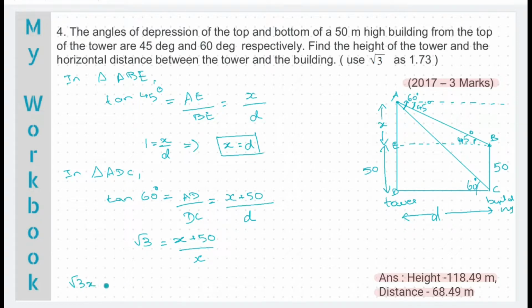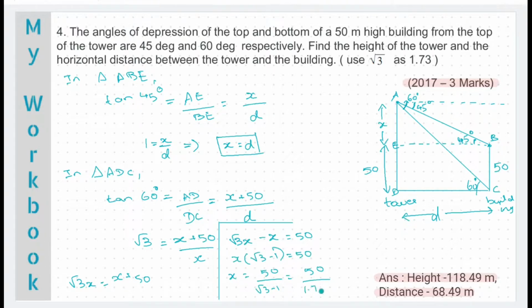Root 3x is equal to x plus 50, which implies, so solving for x, it will be 68.49 meter.